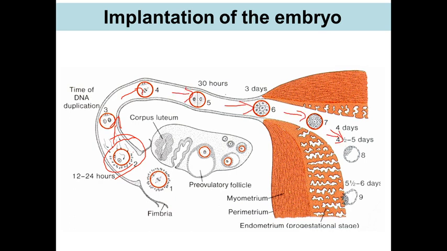Finally, by 4.5 to 5 days, it reaches the uterine cavity, and by 6 days, that is within almost 1 week, it will be implanted. These are the first week changes that occur during the development of the embryo.